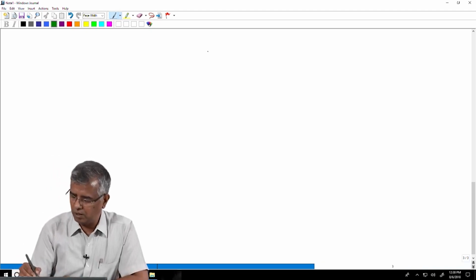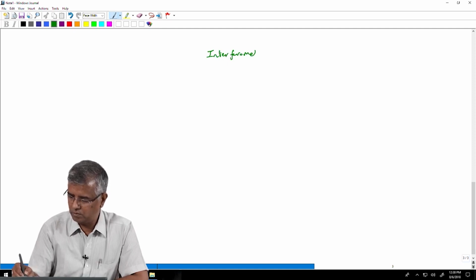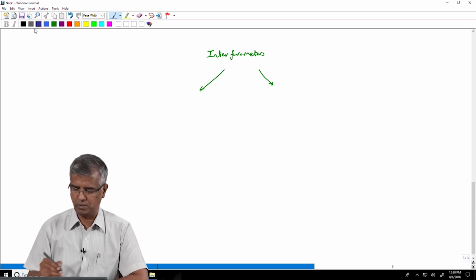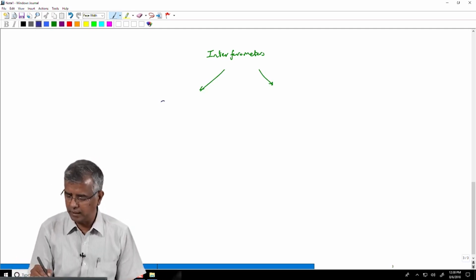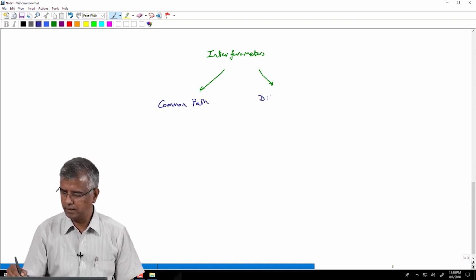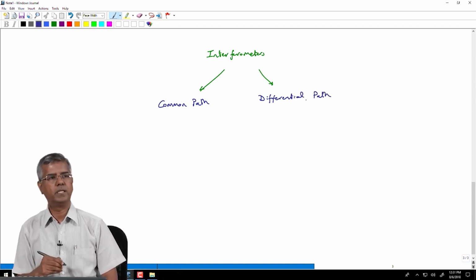So, when we talk about interferometers, there are basically two classes of interferometers. One is called a common path interferometer, and another is called a differential path interferometer.